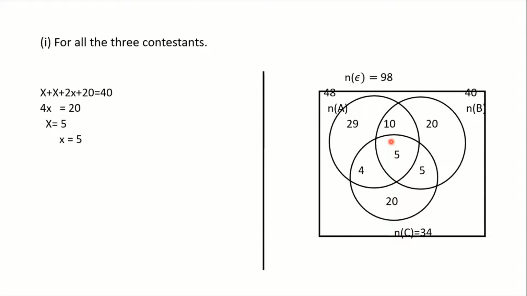So our union set has 93 people, but there are still people who did not vote who are included in the universal set. So we get 98 minus the 93 we have for the whole set, giving us a remainder of 5, meaning that these 5 people are the ones who did not vote.